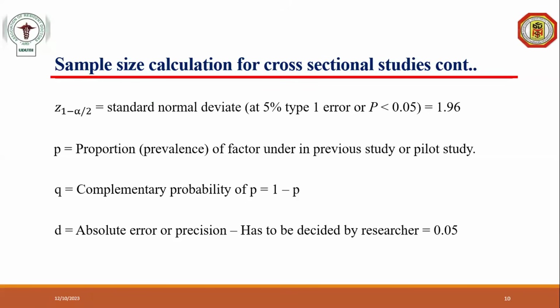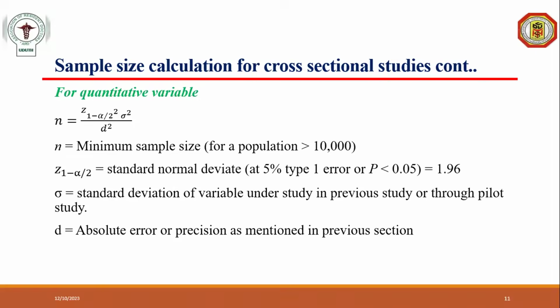So what of a quantitative outcome? Still a cross-sectional study, but with a quantitative outcome. For a quantitative outcome, this is the formula that is going to be used: Z alpha, standard deviation squared, all over D squared.